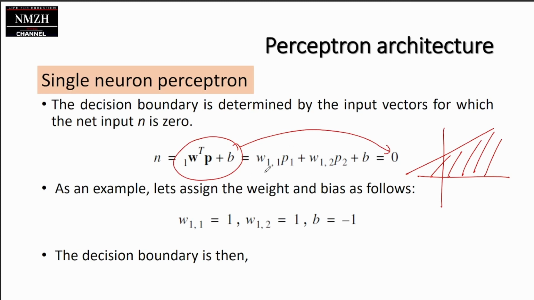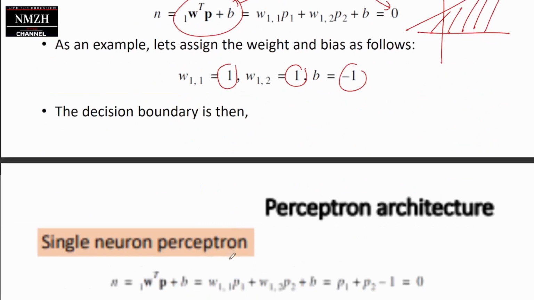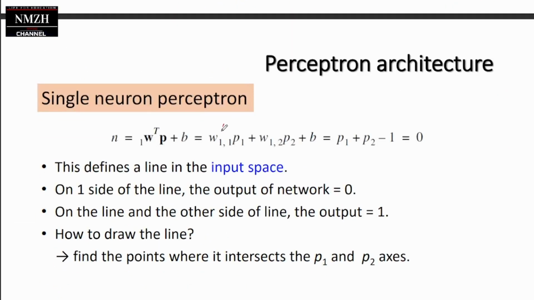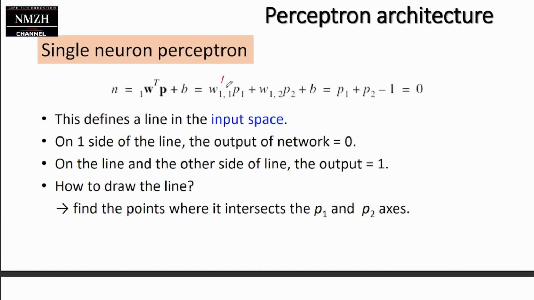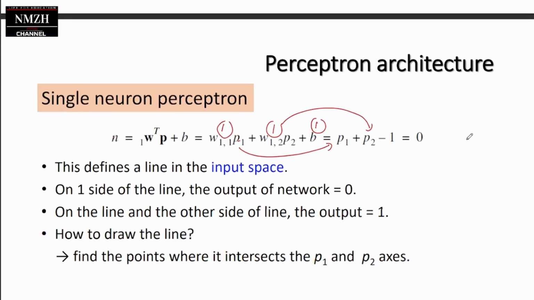To understand the boundary line, or decision boundary, all the elements satisfy w^T p + b equal to 0. Now for example, let's assign the weight and bias as 1, 1, 1. So the weights are 1 and 1, meaning 1 times P1 and 1 times P2, and the bias is minus 1.